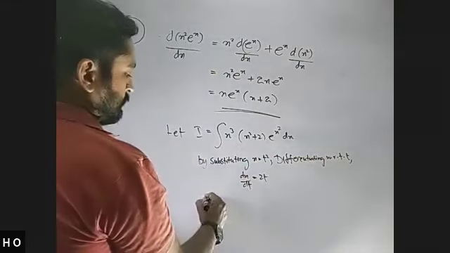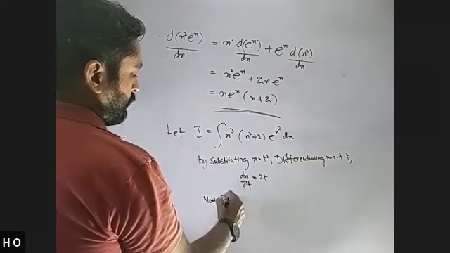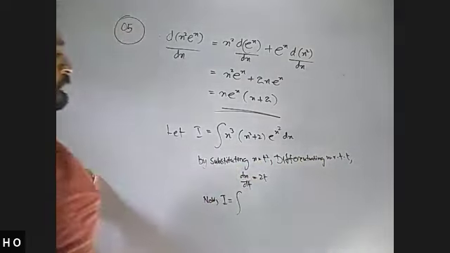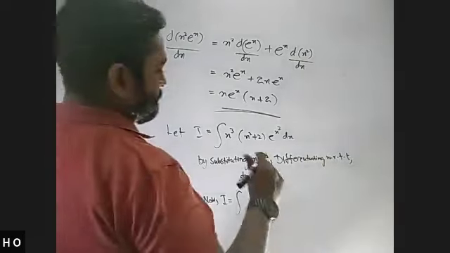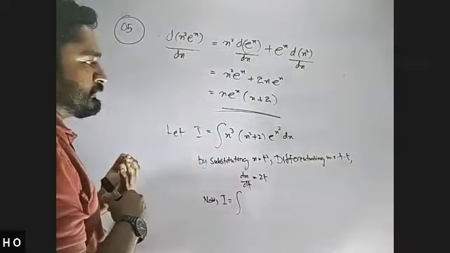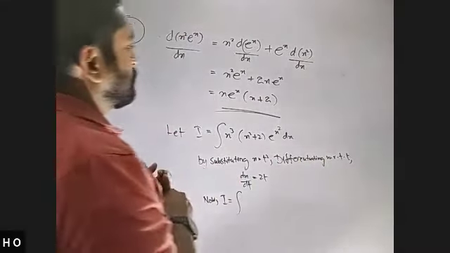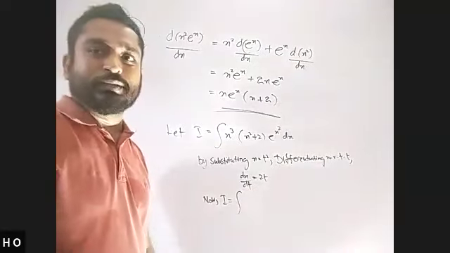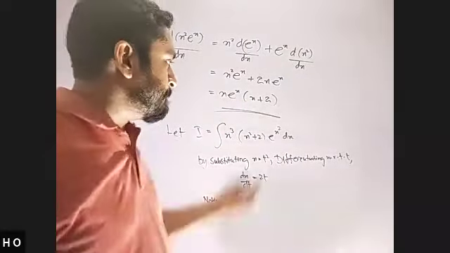All right. So now, what about I? I is going to be x cube. By the way, wait. X equals t squared. Here it is not x equals t squared. Why do I say that?